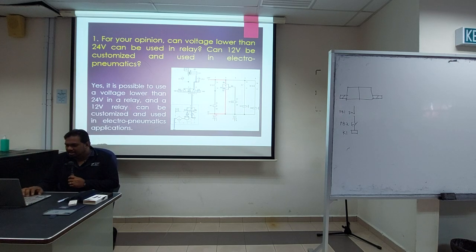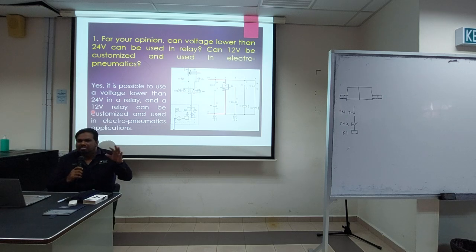Okay, so it still can be used. It's possible to use a voltage lower than 24 volt in a relay, and 12 volt relay can be customized and used in electro-pneumatic application. So perkataan dia, keyword dia adalah customize. So if you want to use a lower, so normally all the component will be suitable for 24 volt. Tapi kalau you nak gunakan 12 volt, you need to customize the circuit.